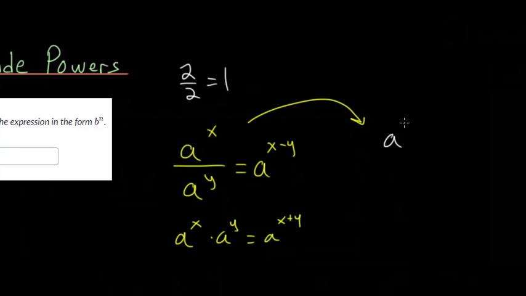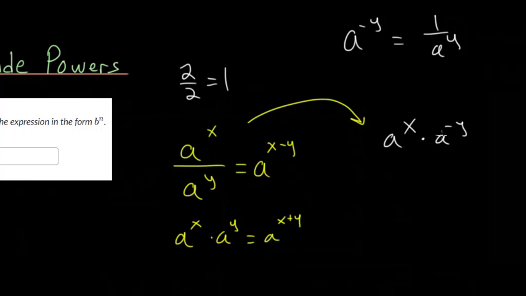So this becomes a to the x times a to the minus y. Since we know that a to the minus y is just 1 over a to the y. Remember, if you have a negative exponent, then you put it in the denominator and make it positive. Negative exponents essentially mean divide by a that many times.